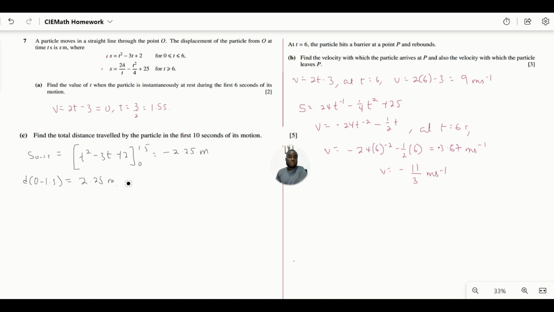Now for the remaining 4.5 seconds, and for the last 4 seconds, so again this particle had a negative displacement, but the distance traveled, we are going to call that the absolute value of this negative number.